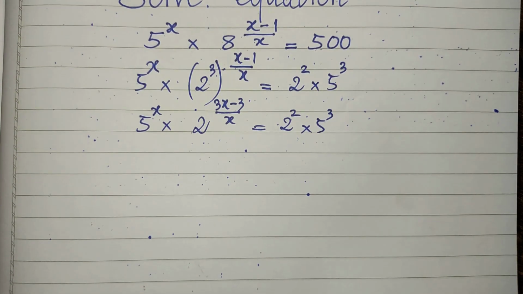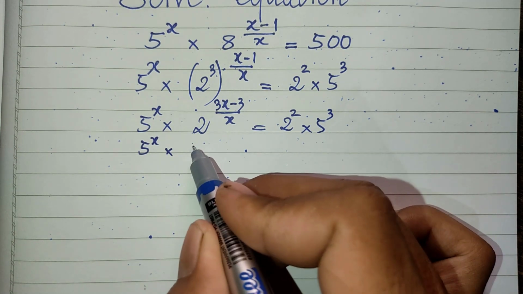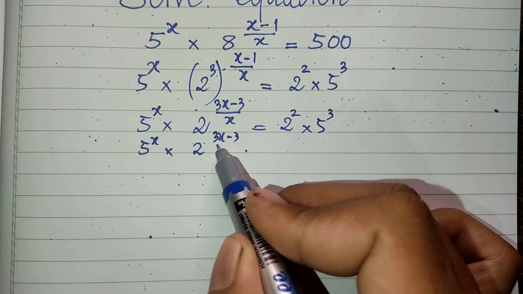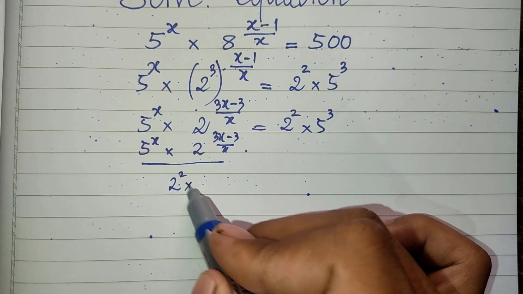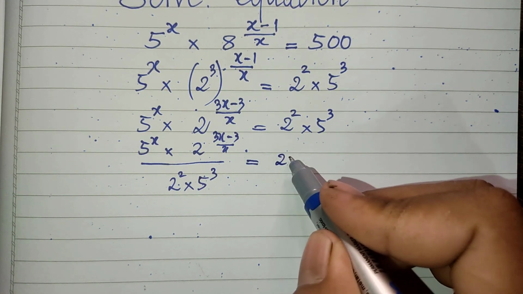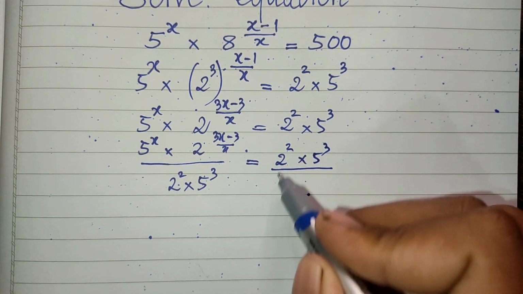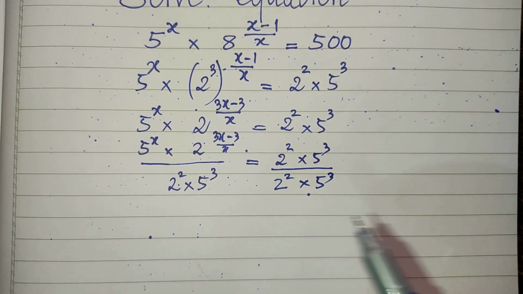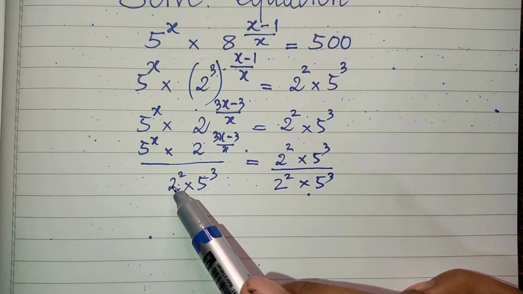So we write 5 power h multiplied by 2 power (3h minus 3) divided by h, divided by 2 squared multiplied by 5 power 3, equals 2 squared multiplied by 5 power 3 divided by 2 squared multiplied by 5 power 3.